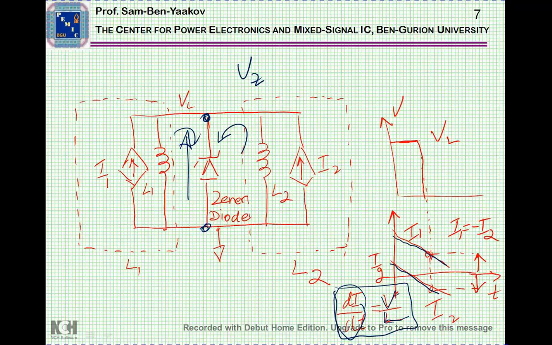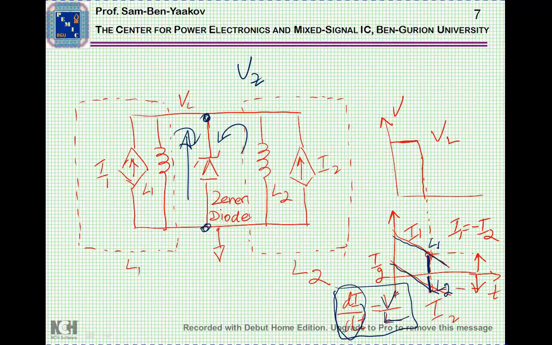And when this value here is equal to this value, it means that the current of L1 is the same magnitude as the current of L2, except that the direction is opposite.